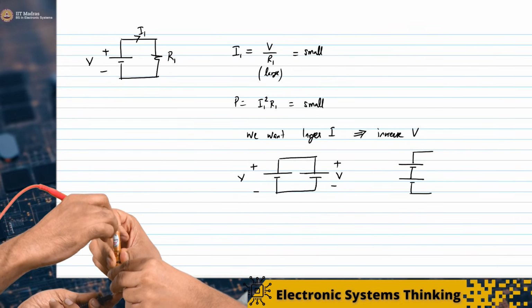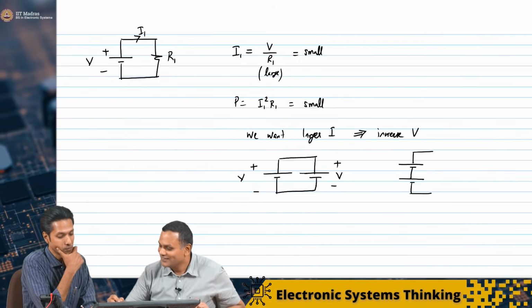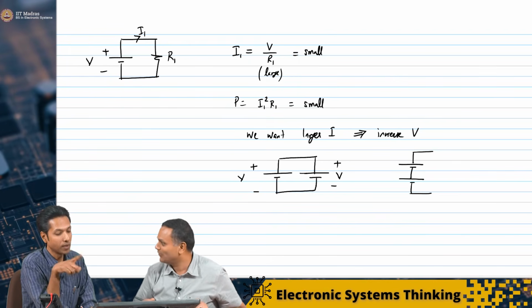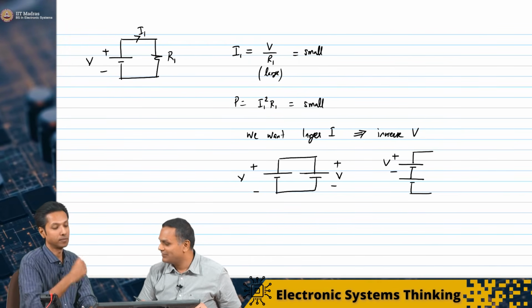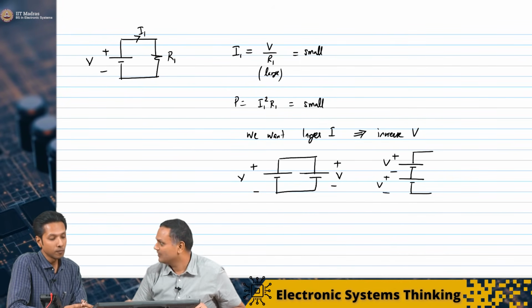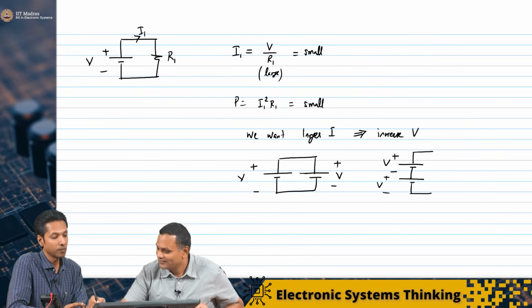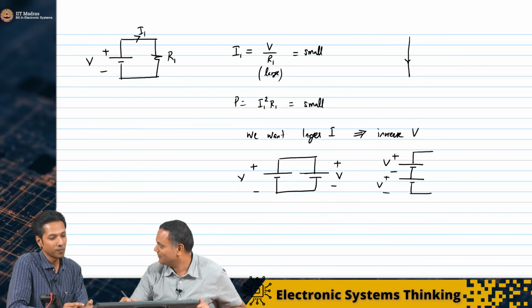So what do you think will happen here? I have drawn that pictorially here. We have 2V now, because there is a potential difference between the terminals of the first battery and the second battery.